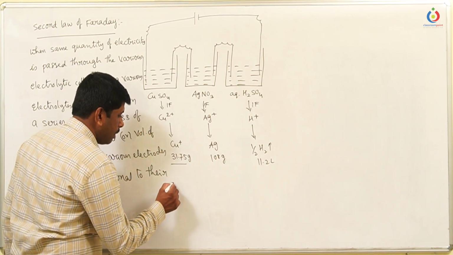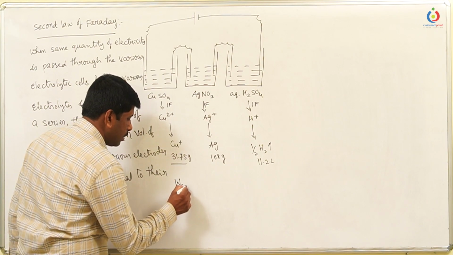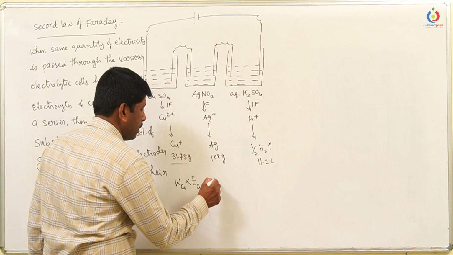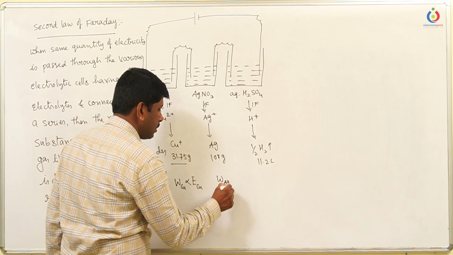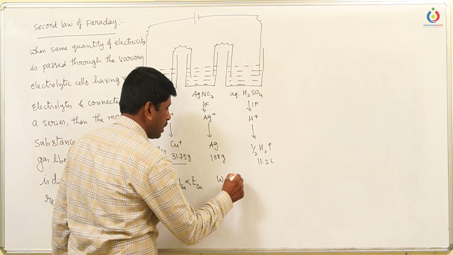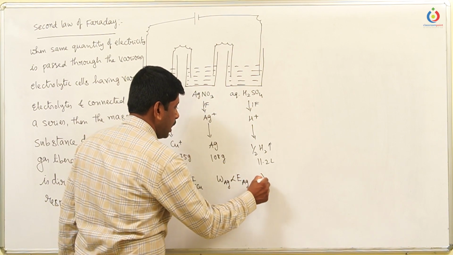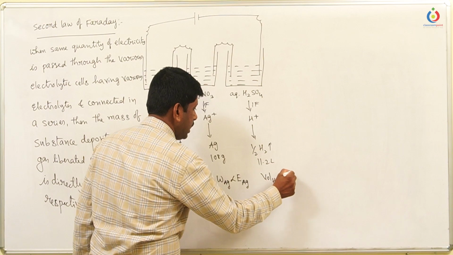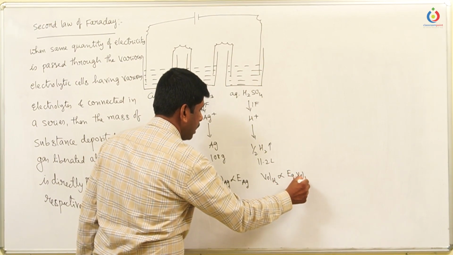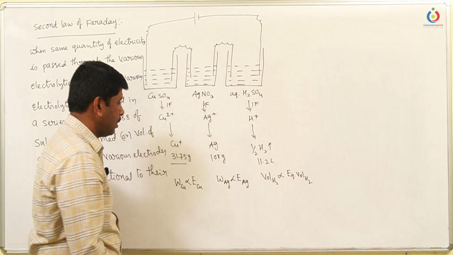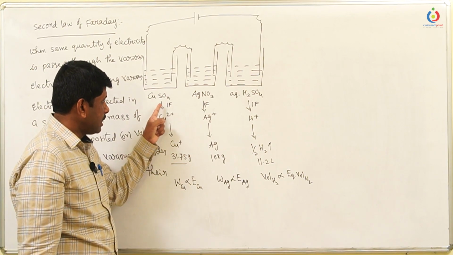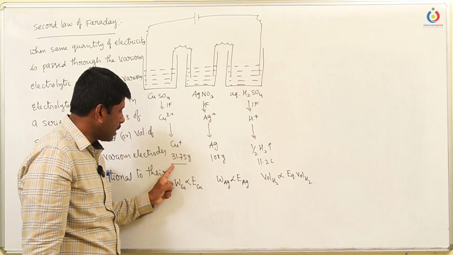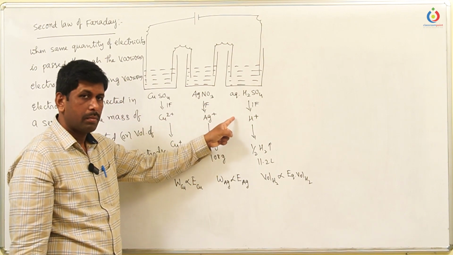So the weight of the copper deposited is directly proportional to its equivalent mass, the weight of the silver is directly proportional to the equivalent mass of the silver, and the volume of the hydrogen is directly proportional to the equivalent volume of the hydrogen. But remember that by sending 1 Faraday of electricity, only one equal part gets deposited everywhere.